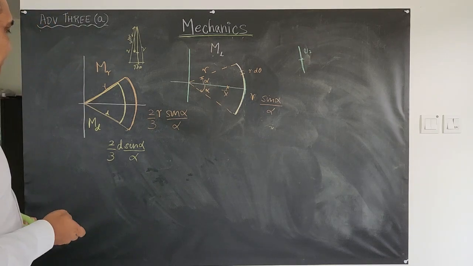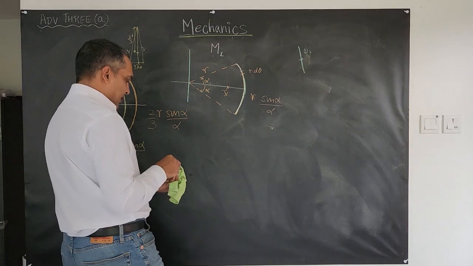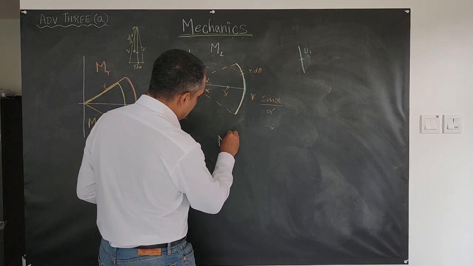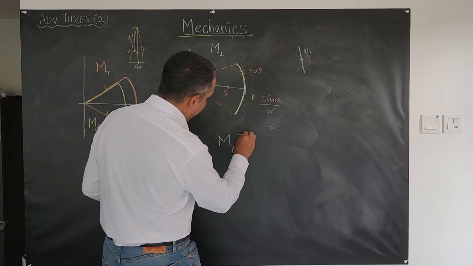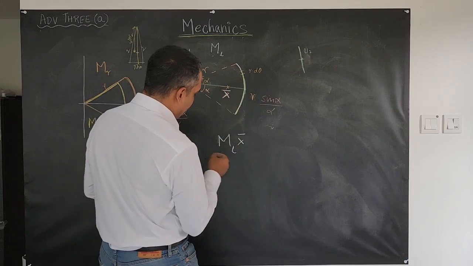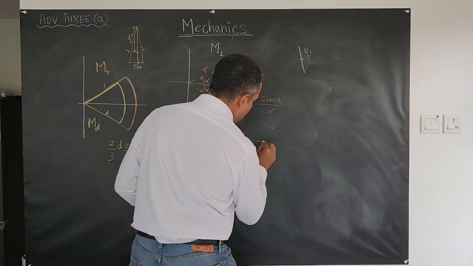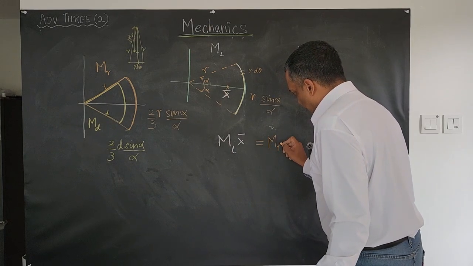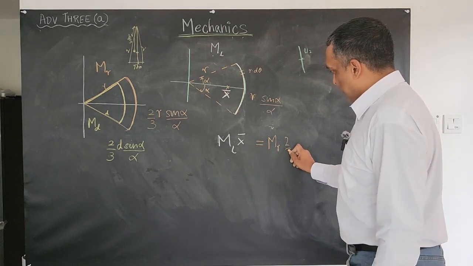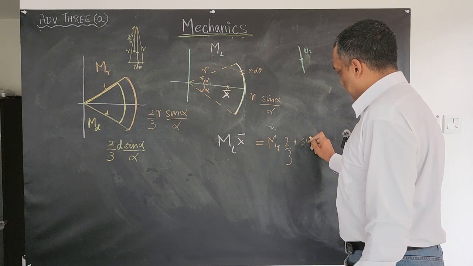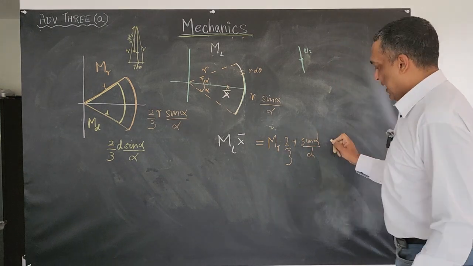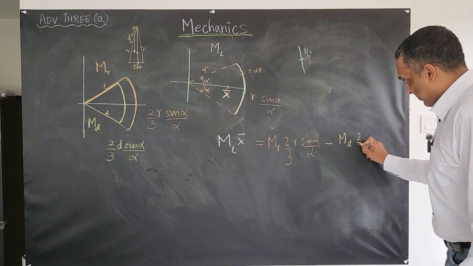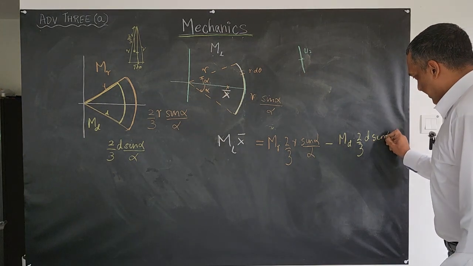And if you really think about it, you could write the equation for moment as m of L times this x bar, because this is for the wireframe, and you could write this as equal to my big guy here, the big one, m of r times 2 by 3 r sine alpha by alpha, and the cute part here is this, subtracted by m of d, 2 by 3 d sine alpha by alpha.